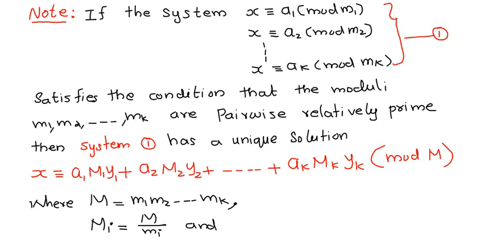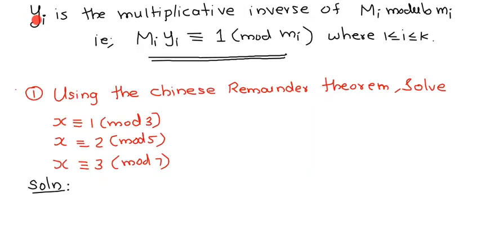Here we have capital M1, capital M2, etc., capital Mk. What is capital Mi? In general, capital Mi is capital M divided by small mi. That is, capital M1 is capital M by small m1, etc. And what are y1, y2, etc., yk? In general, yi is the multiplicative inverse of capital Mi modulo small mi.